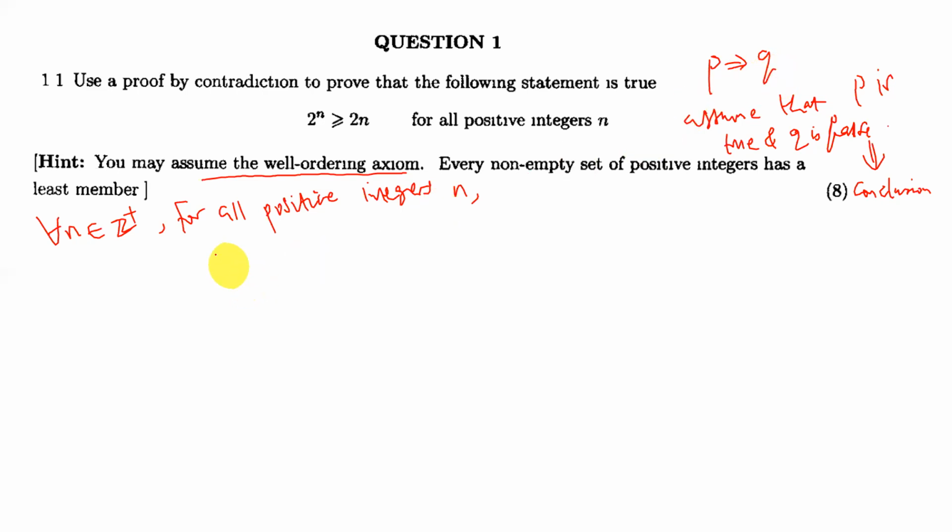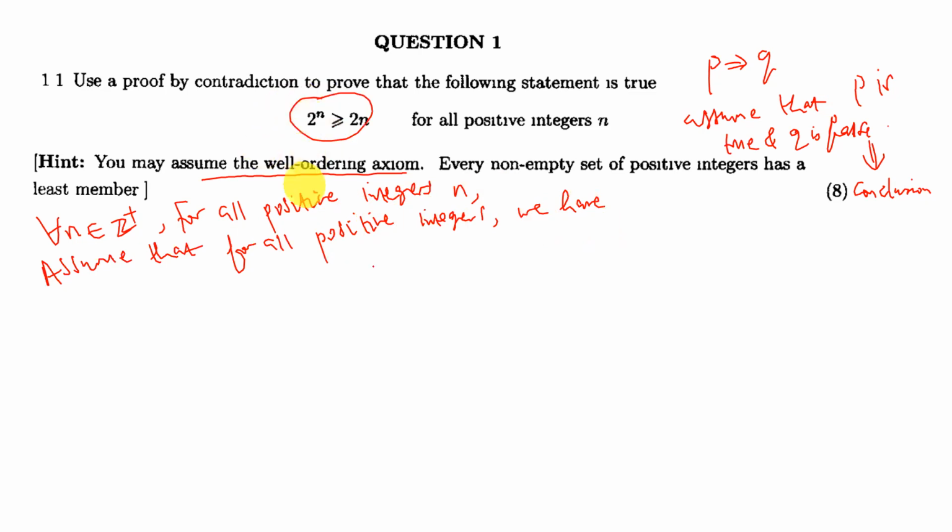So we assume that we have positive integers n. For a proof by contradiction, we must just assume that this is not the case.